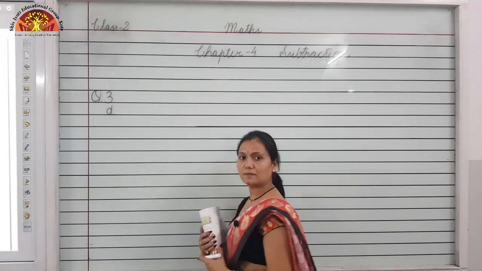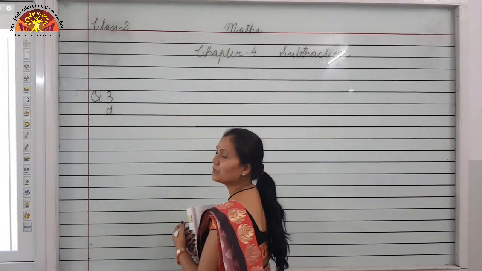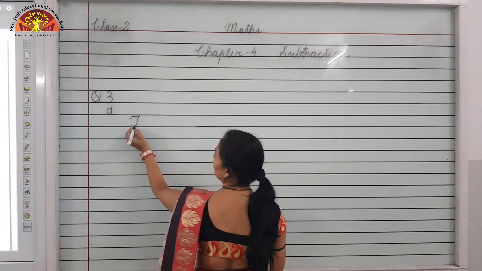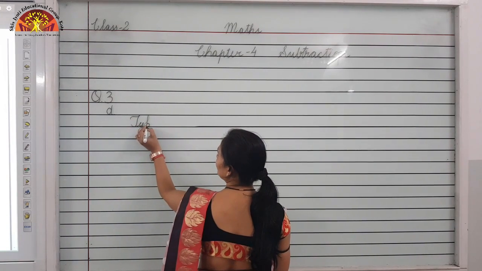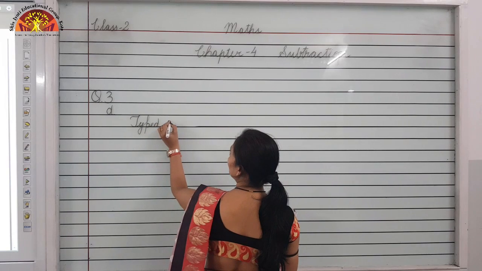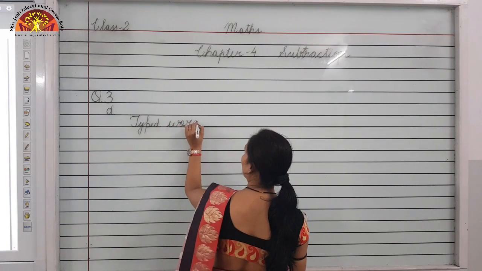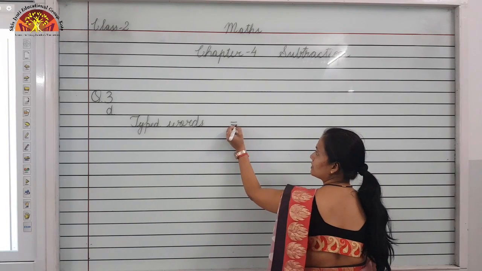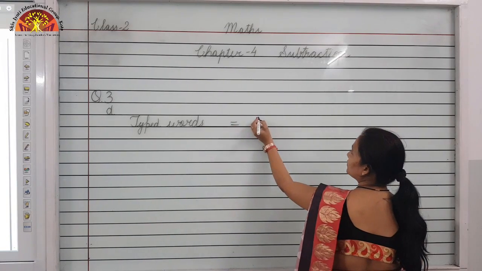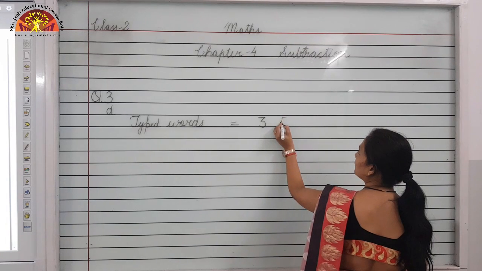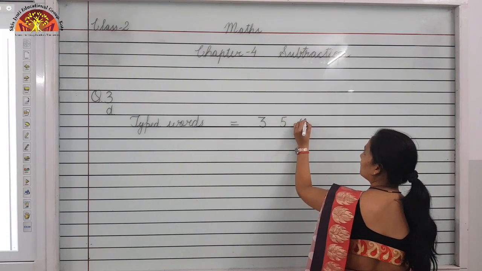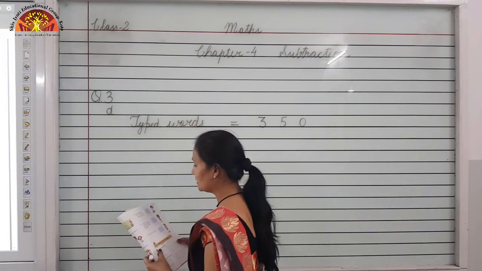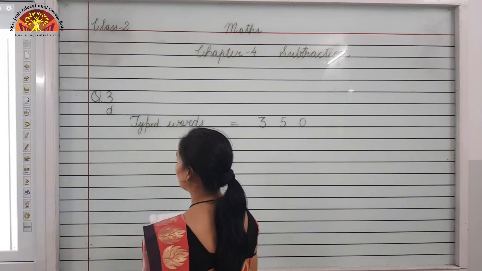Now we will start. Rahul typed 350 words. So, typed words, we will put equal to sign 350. Now next line, then he deleted 175 words.